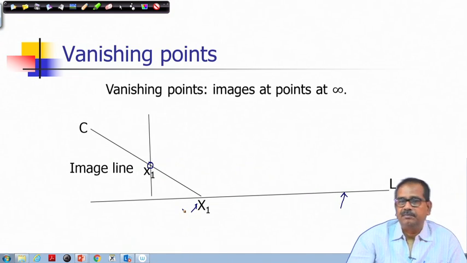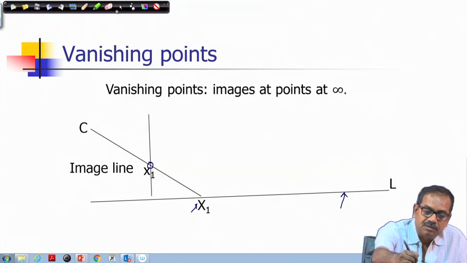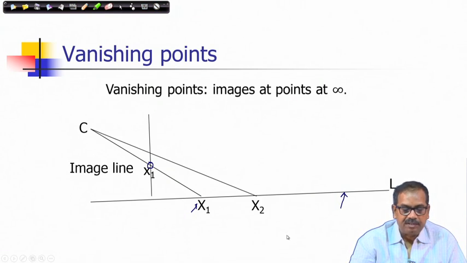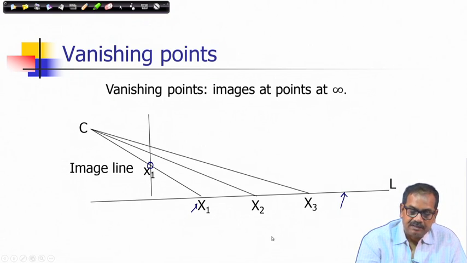The scene, as I mentioned, is a one dimensional space. If I go on doing this kind of imaging for all the points on this line, we will see its effect. Suppose you take another point, once again this is a new image point, then another point.